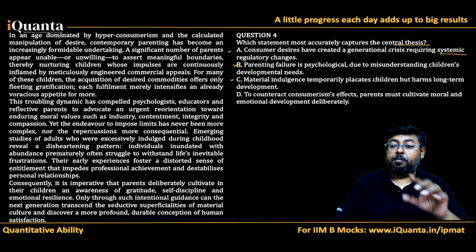As we know, you should also know that if there are 5 questions somewhere, always remember that 1 to 2 questions would actually be trap-ridden, okay? There will be a lot of traps and you have to go through that and see which one is working for you, right? So out here, the better answer out of all the 3 which were left, A, C and D, D would be a better answer because it is talking about the central thesis, that what is to be done, fine, that some moral and emotional development has to be done, and it has to be done deliberately, right?